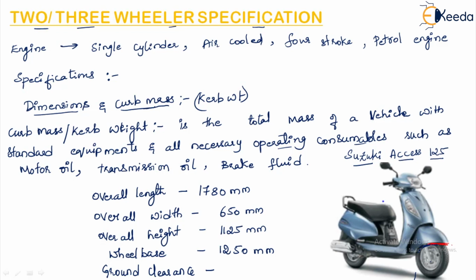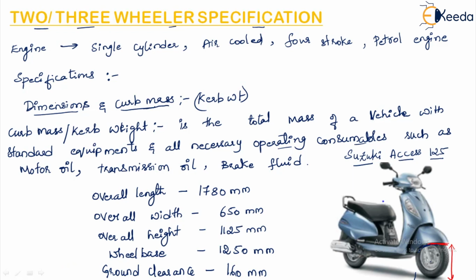So the distance between this frame and the ground is called the ground clearance. The ground clearance must be such that even when you come across some difficulties, the frame or the vehicle should not get damaged. So it is 160 mm.